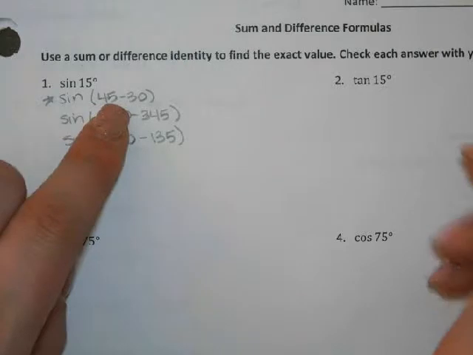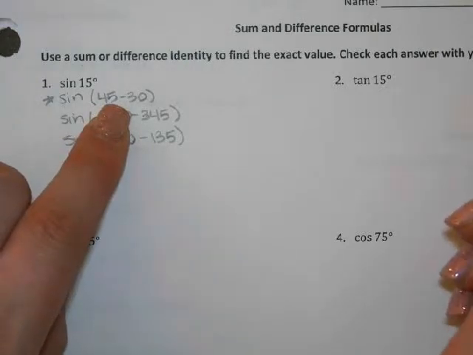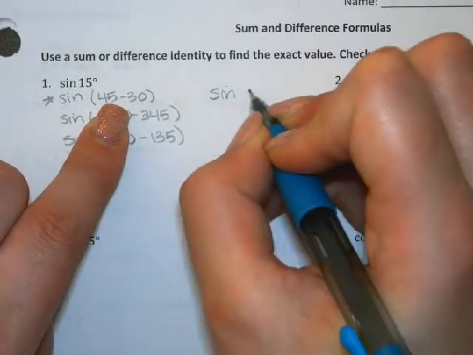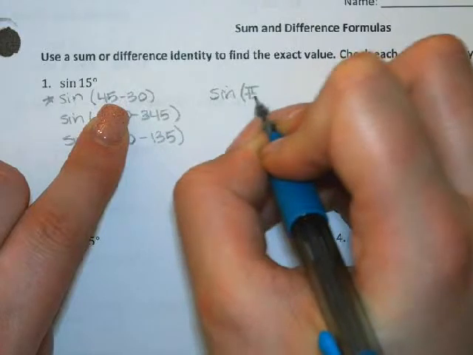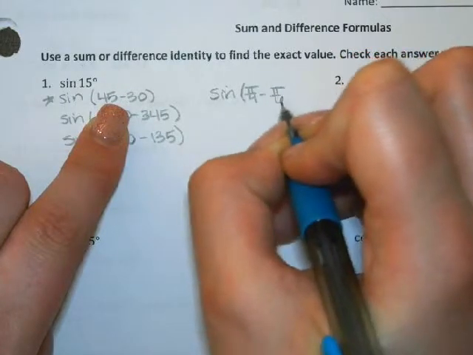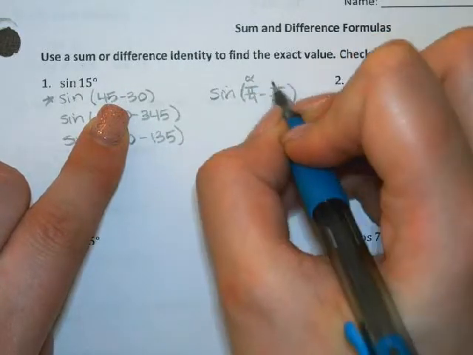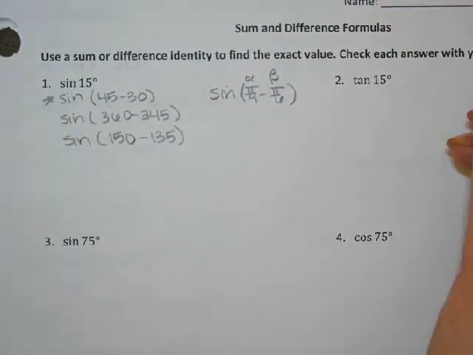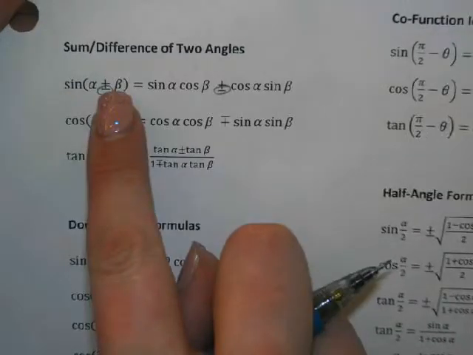Do you guys want to keep it in degrees, or would you rather look for pi fourths and pi sixths? Yeah, I'm a little bit more used to the radians as well. So we'll call this sine of pi fourths minus pi sixths. And so that means that this is your alpha and this is your beta. The reason I'm writing it that way is because that's how the paper has it listed, sine alpha and beta.